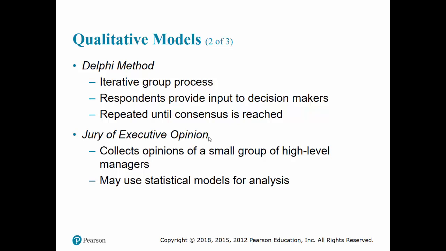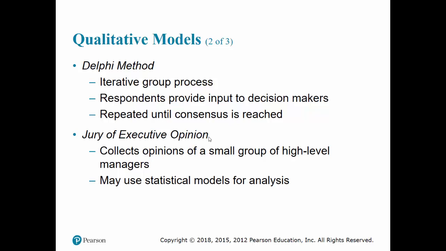But here in this context of forecasting, the decision that we are trying to make is to come up with what the forecast is going to be. So in an iterative process, each respondent will provide an input. Okay, say, this is what I think will be the forecast for the next year. Okay, and then give them reasoning. What is the basis of that estimate?